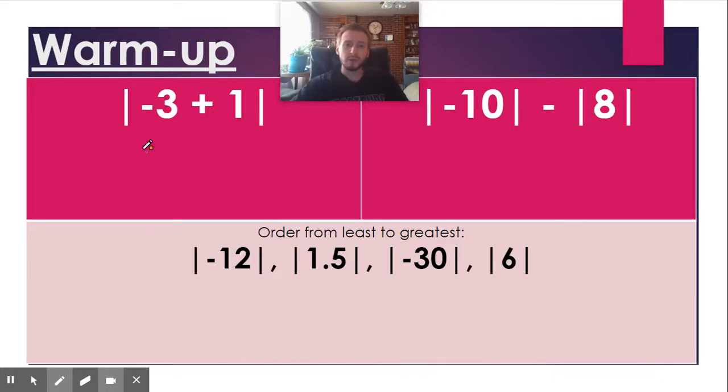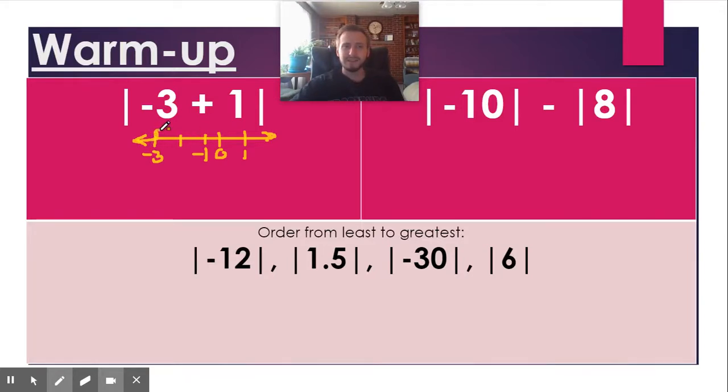If you remember what we were working on last week, when you're using a number line, let's say zero is here, 1, -1, -2, -3. What you want to do is look at the number line.